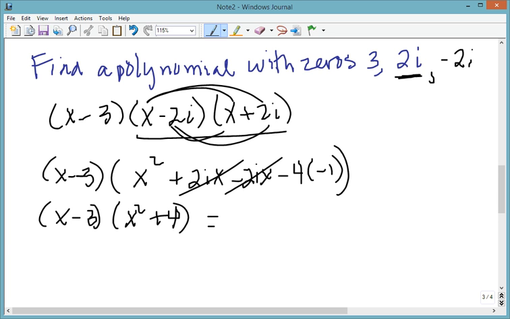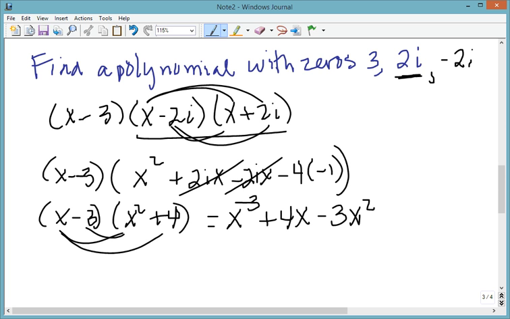All right, then we multiply these out. We got x cubed, and we have plus 4x minus 3x squared and minus 12. Okay?